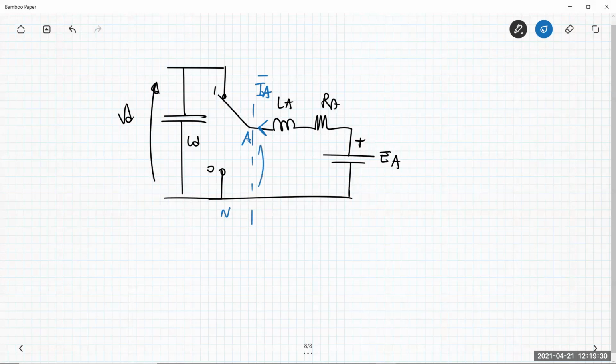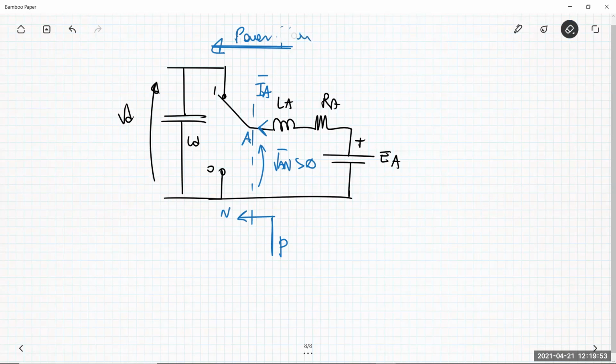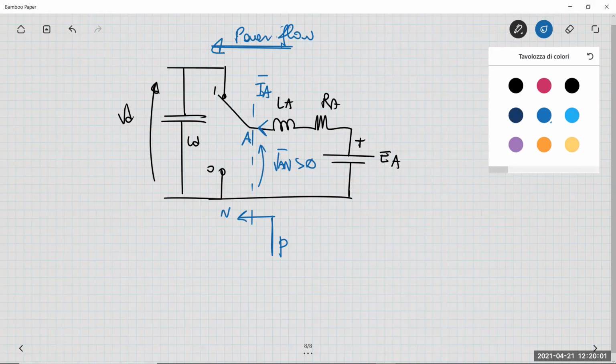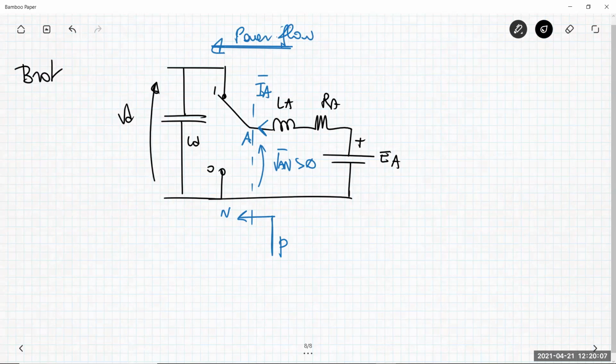The voltage here, VAN, is always positive, but now the current is entering, so the product of the two provides a power which, say, flows from the load to the source. Okay, in this direction. In this condition, you are no more in the motoring operating mode, but you are in the braking operating mode.